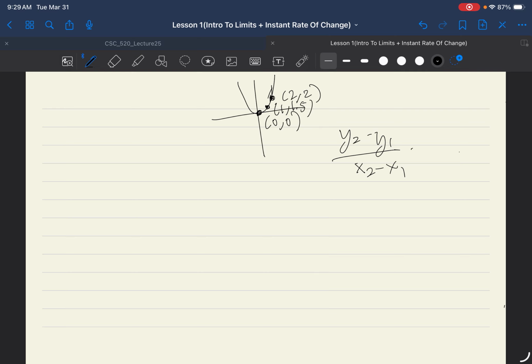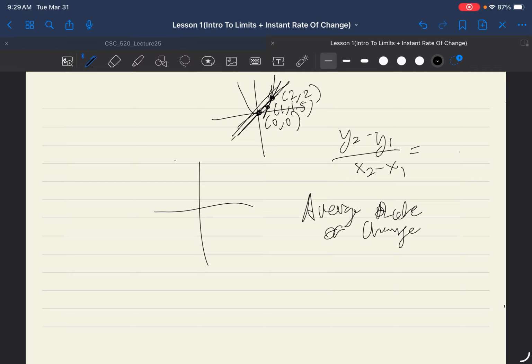Suddenly, our slope, our average rate of change, is going to change, because you're graphing this at first, this line, but now you're going to graph this line, and you can just keep making it more and more accurate until you're eventually going to find that you can make it as accurate as the point itself.